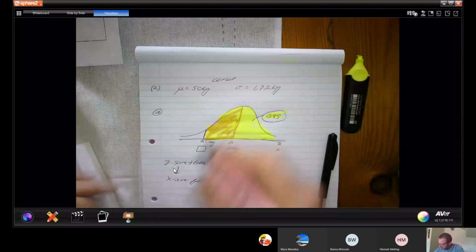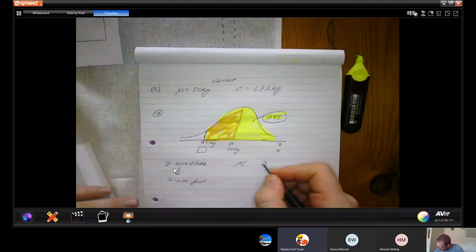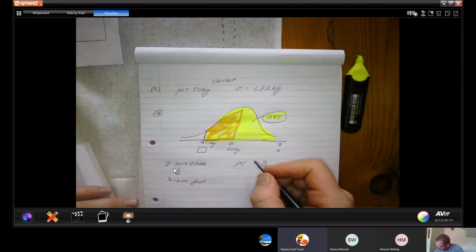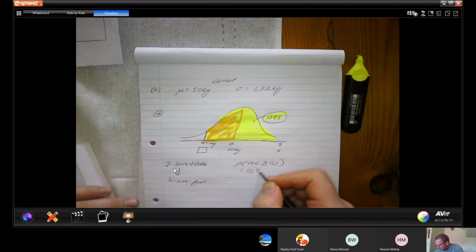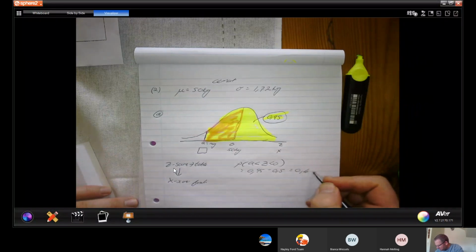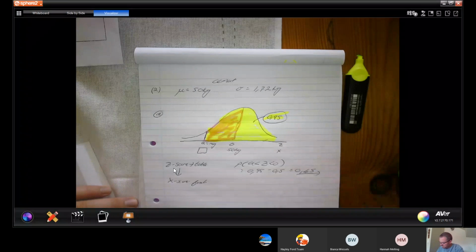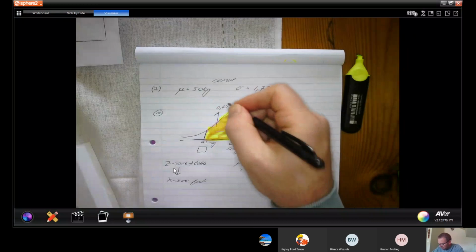How are you going to find that? I'm going to say 0.95 minus 0.5. Yep. So the probability Z is greater than A, less than 0, is going to be 0.95 minus 0.5, which is 0.45. So the pink area is 0.45.